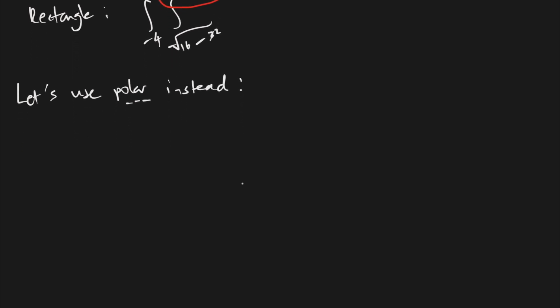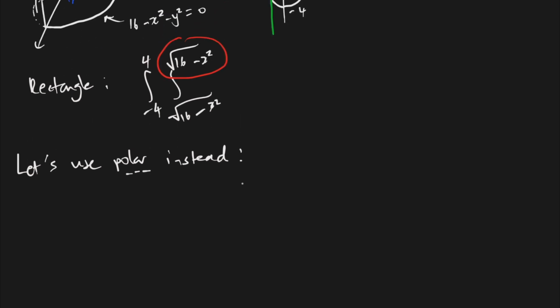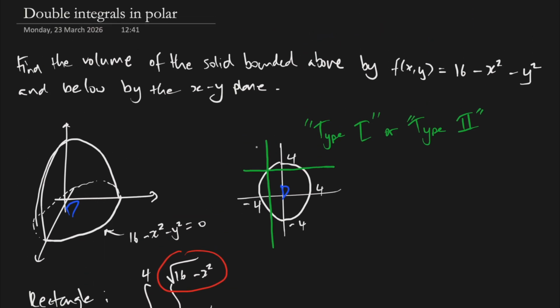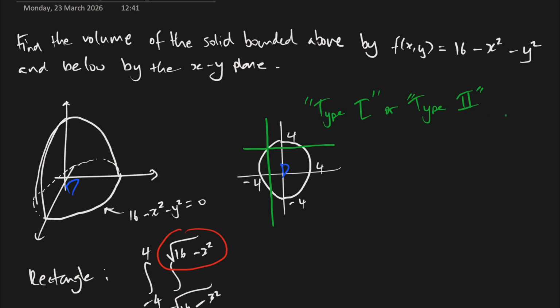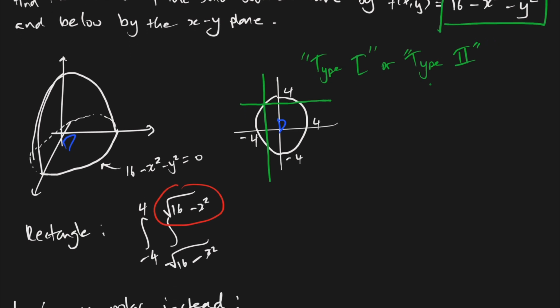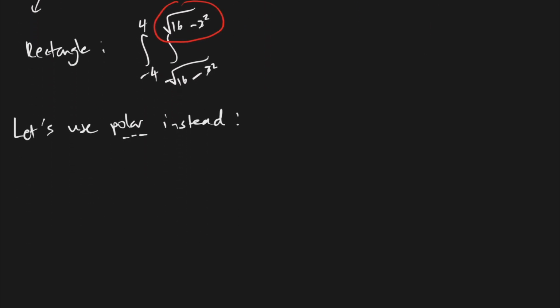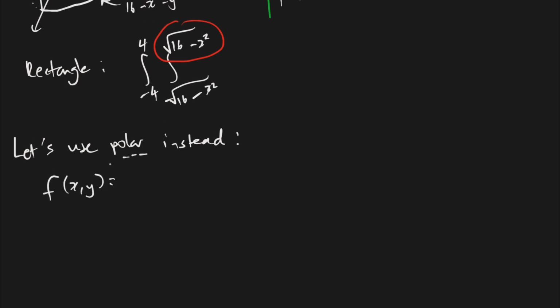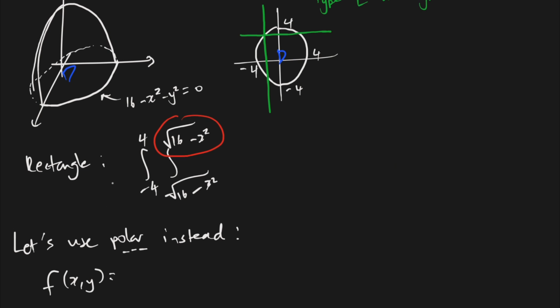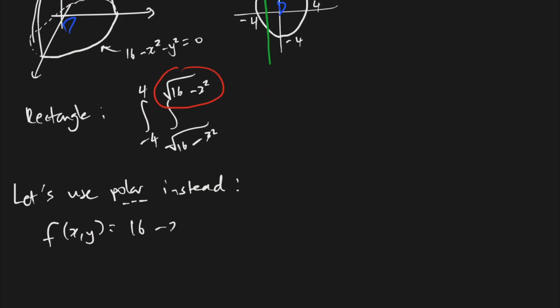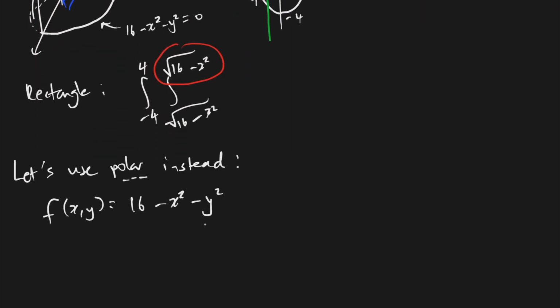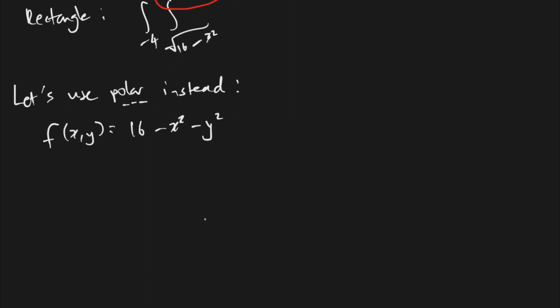And that will involve us having to rewrite this equation in terms of polar coordinates, okay? So let's just rewrite this equation. It's f of x y equals 16 minus x squared minus y squared, okay? So that's the equation.